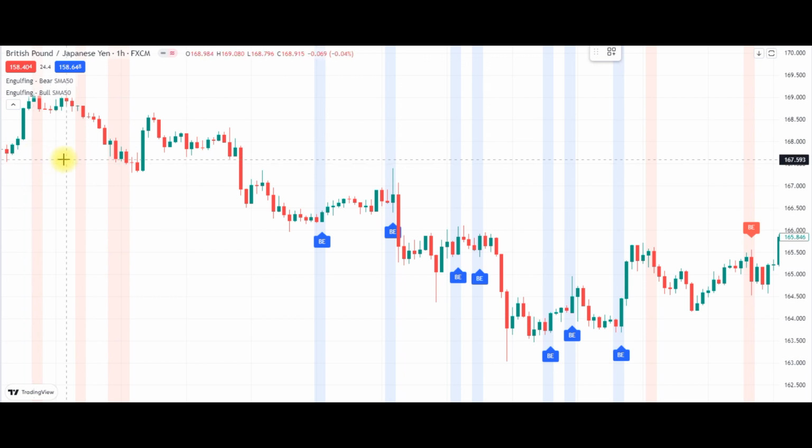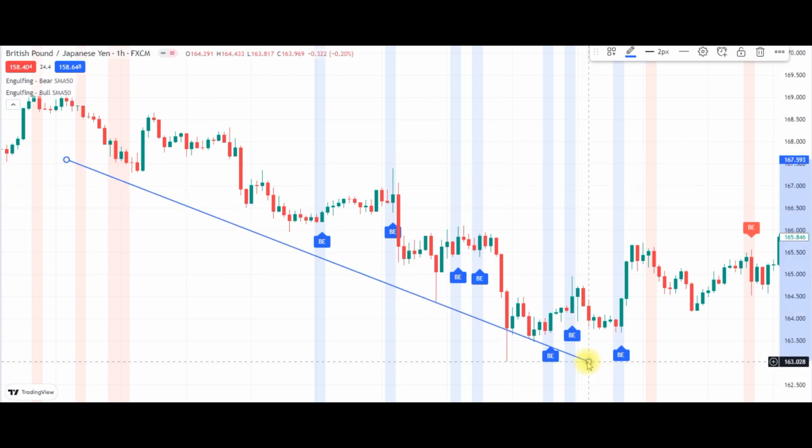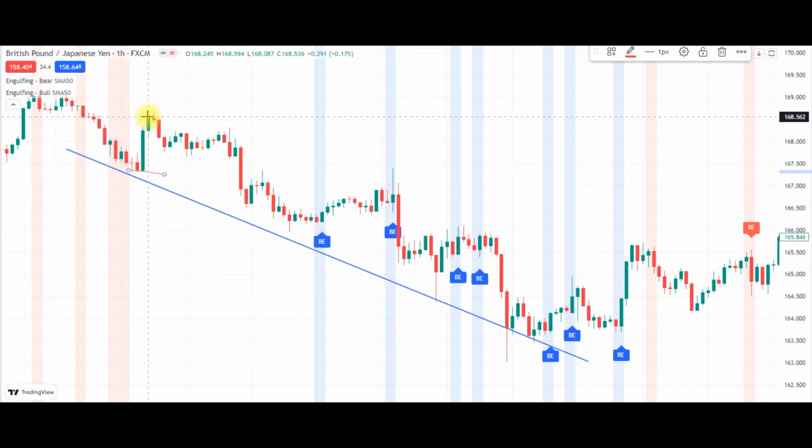Let's take a look. We have a clear downtrend here, and the market is making lower lows and lower highs. And as you see, we have 1, 2, 3, 4, 5 swings in this downtrend already. This is telling us, if you have watched my trendline video, that this is the average number of swings of a clear trend.